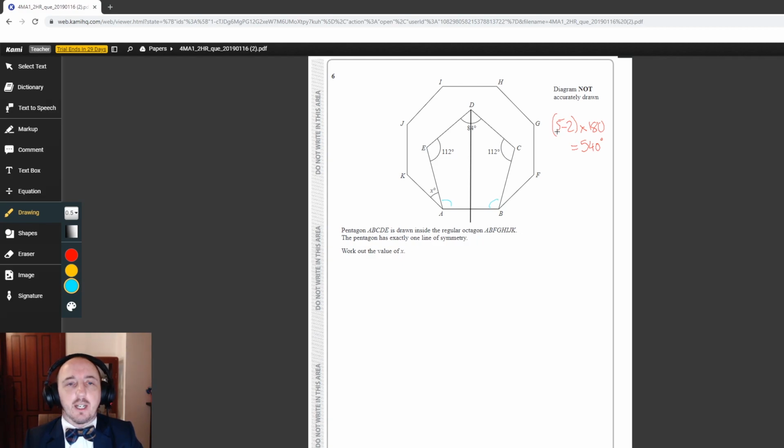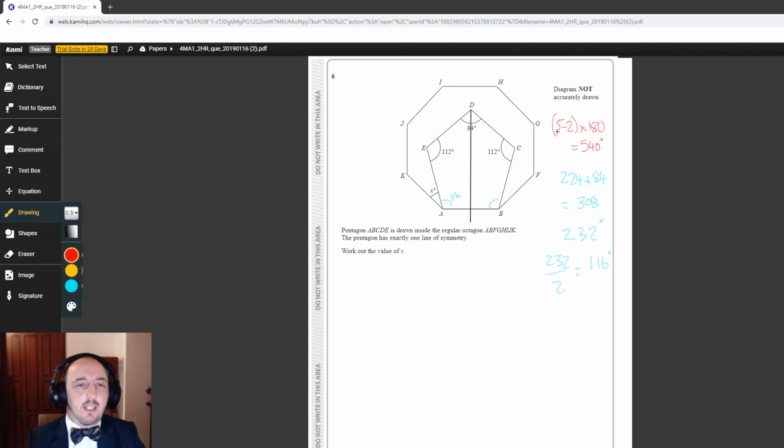So we can subtract 112, 112 and 84 from 540 and divide that by 2. So 112, 224 plus 84 is 308. So that leaves us with 232 degrees shared equally between A and B. So 232 over 2 is 116 degrees. So here we have 116.